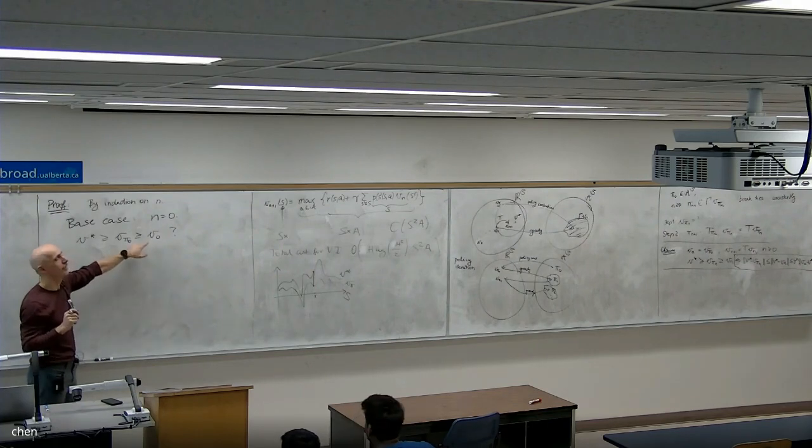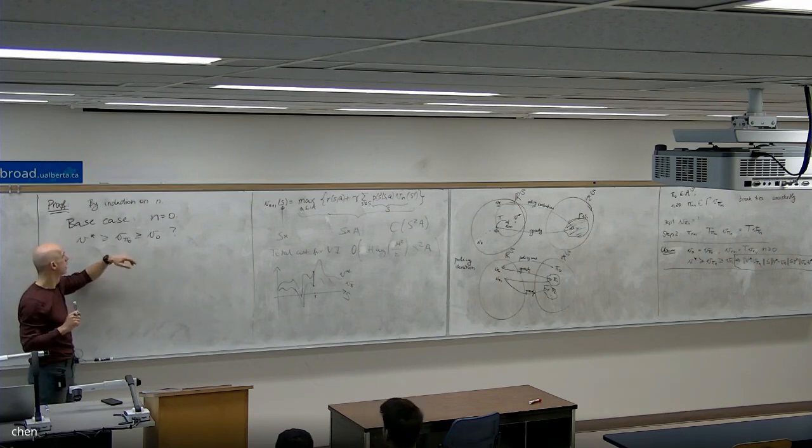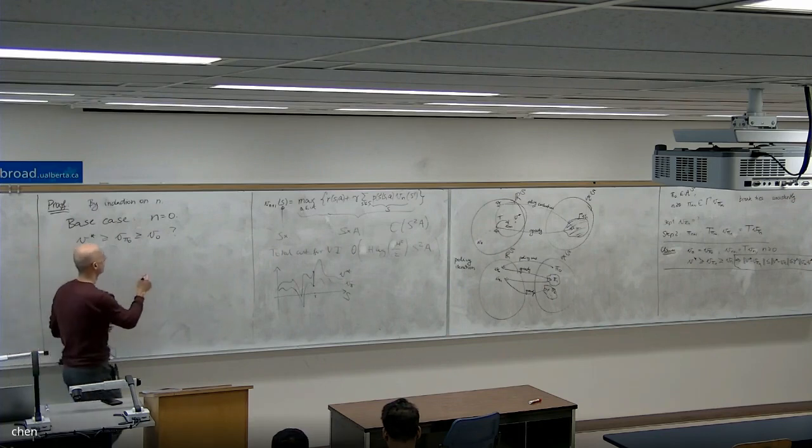They are equal, yeah. We defined v naught to be v pi 0. It was a clever choice, so that this holds. And of course, this inequality holds because v star is an upper bound for the value function of any policy. Okay, so that was easy.